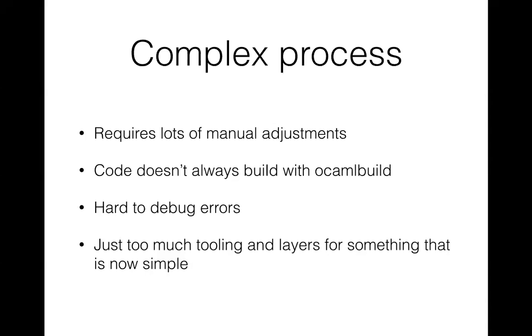Errors were really hard to debug, and mainly it's because we just have too many layers of tools. You have the OPAM file, which is your library manager, OCamlbuild, which is your build system, Oasis, which is a description for all this, and you stack these things. Sometimes it's nice to have small tools that do individual things.